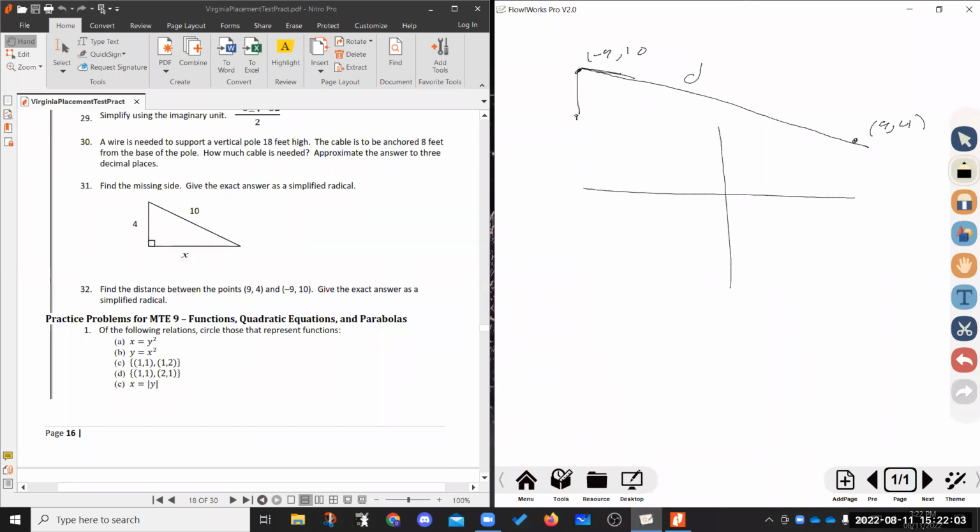We're going to use a right triangle to say that this distance from -9 to 9 is 18, and this distance from 10 to 4 is 6.